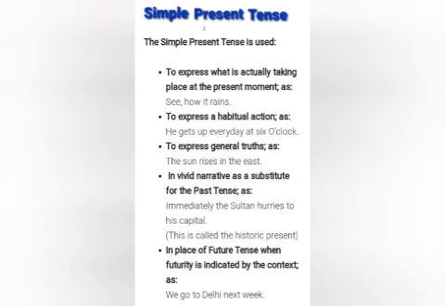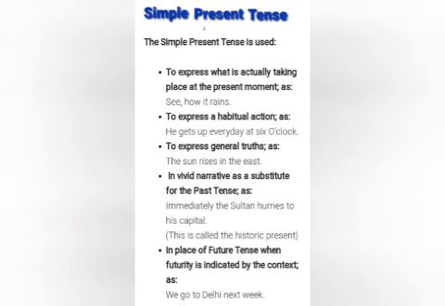Yes, then for narrative, vivid narration as a substitute for the past tense, which you can say is something historic. Then for future meaning as well, which is being indicated by the context.